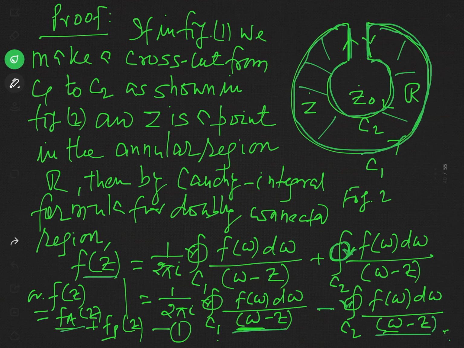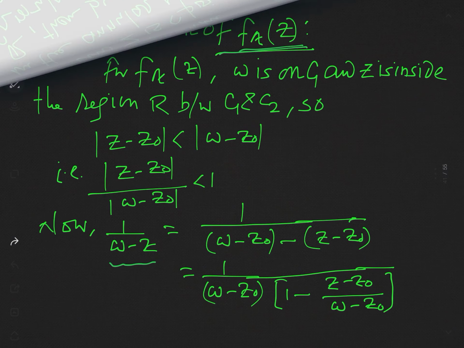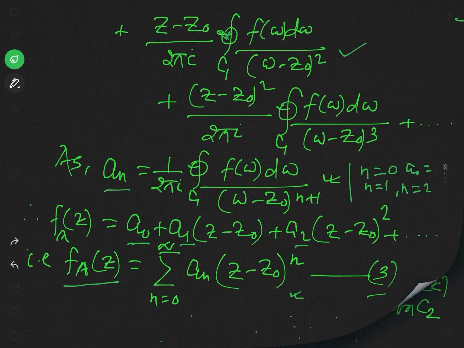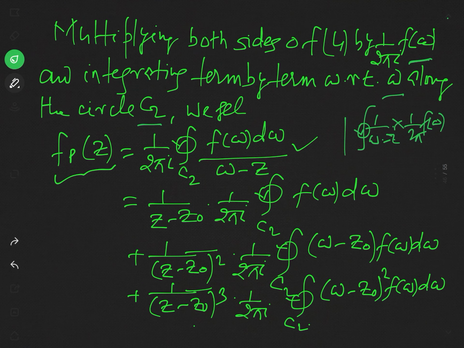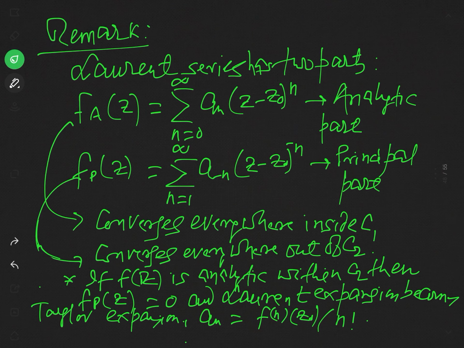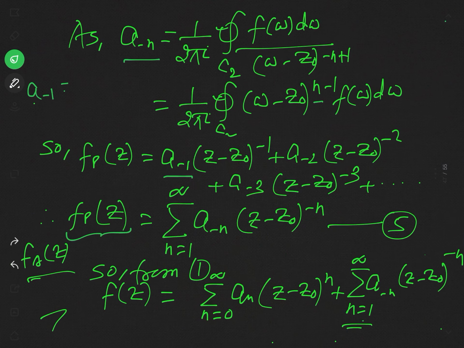So if we substitute the values of fa of z and fp of z in equation 1, we will get f of z. After substituting the values of these two integrals, f of z will be equal to summation n equal to 0 to infinity an z minus z naught to the power n plus summation n equal to 1 to infinity a minus n z minus z naught to the power minus n.